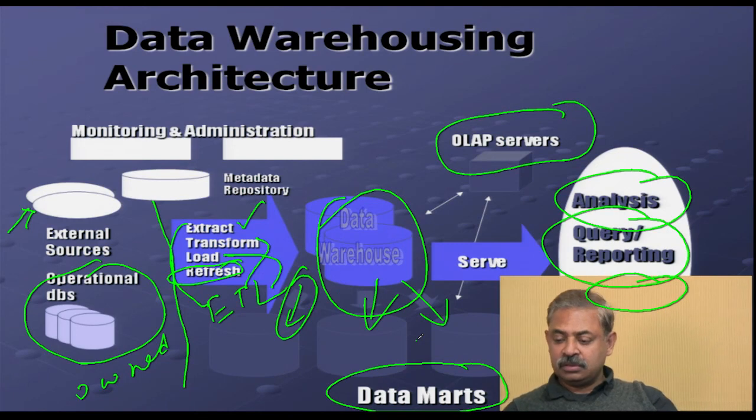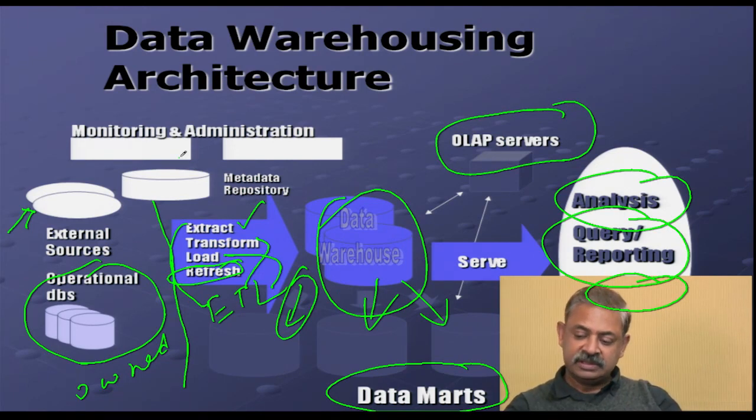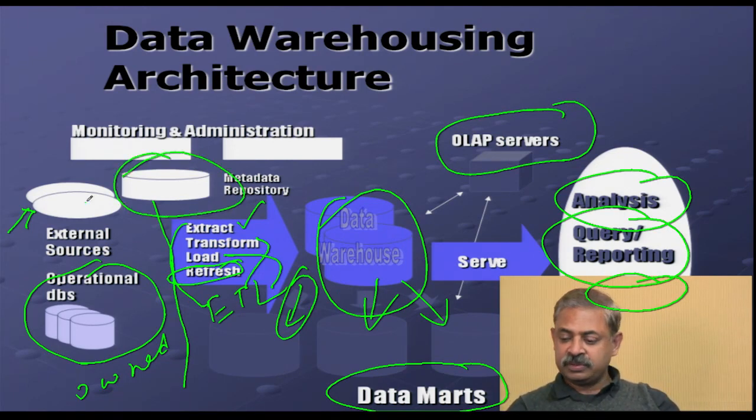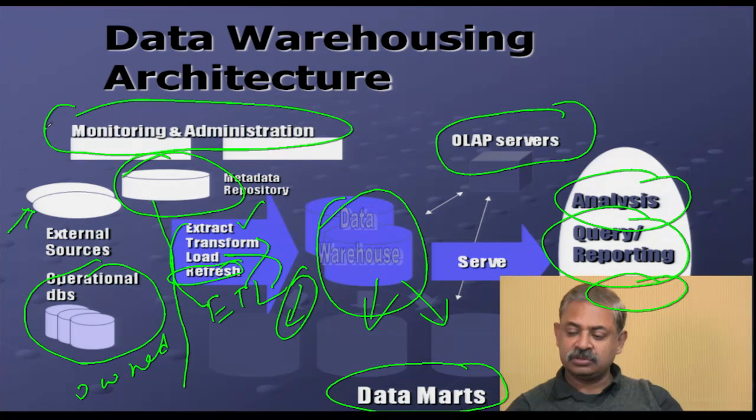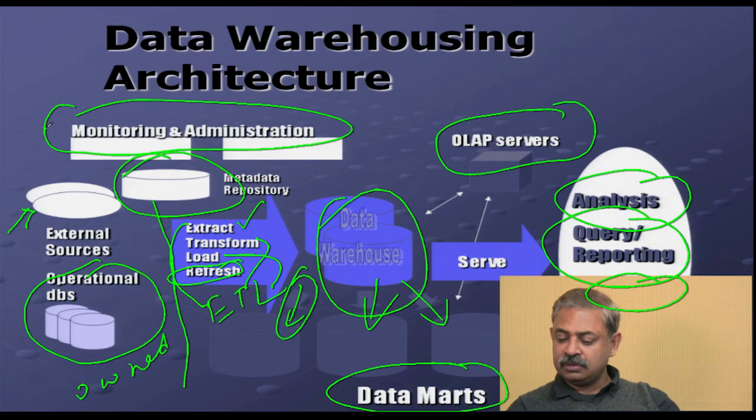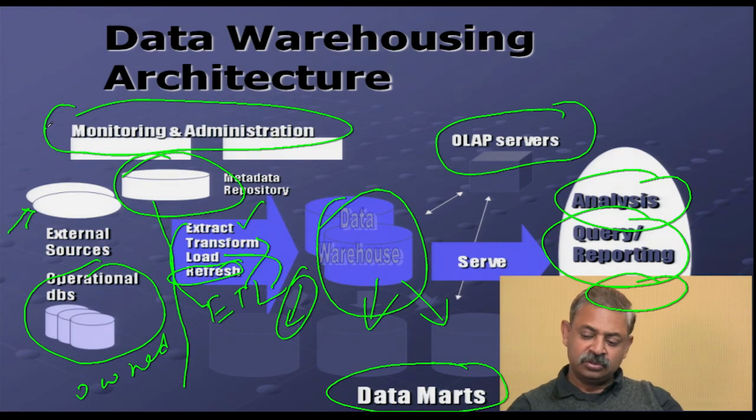So this is the whole process, and you will see that this metadata repository also plays a very important role. I hope all of you understand the metadata repository. And on top there is monitoring and administration, which will come up when we talk about the life cycle. The purpose of this architecture at this point is that you should know the data flow.